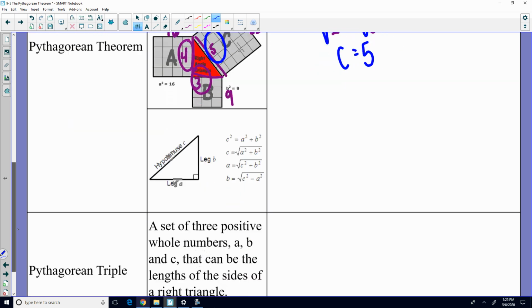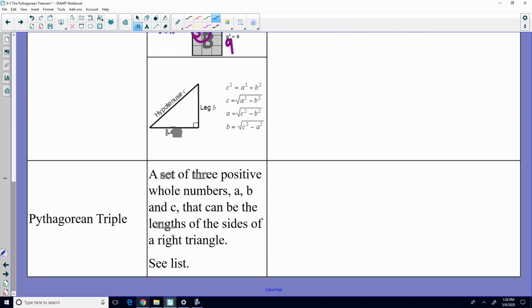Let me just mention the bottom down here too. Here's another equation chart for you too. If you need to solve for C, A, or B, you can use these. So they're there for your reference. And then a Pythagorean triple is any set of numbers that will be the correct sides, the legs and the hypotenuse, for a right triangle.